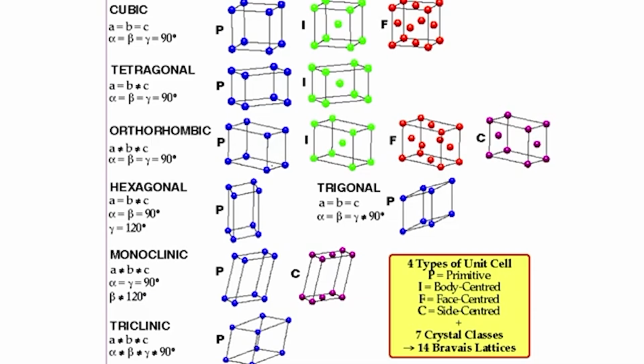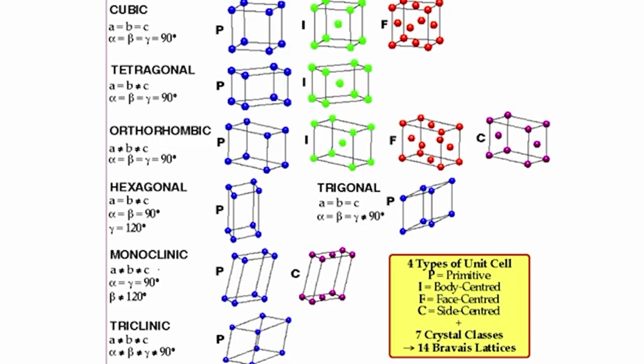Orthorhombic means that none of the sides are equal, so A not equal to B not equal to C, while the angles are still 90 degrees. The hexagonal lattice has A equal to B, but not equal to C. Two of the angles are 90 degrees, but one is 120 degrees. Similarly, we have trigonal where A equal to B equal to C, but the angles are not 90 degrees.